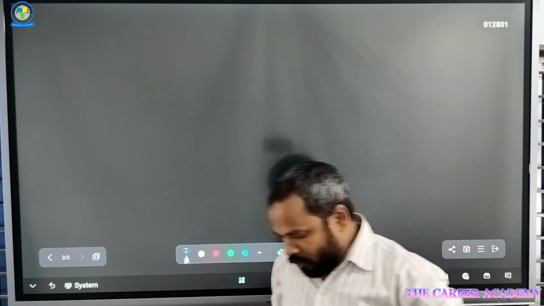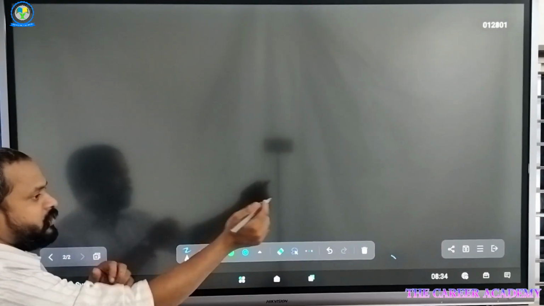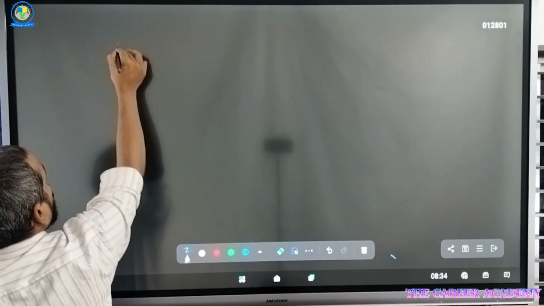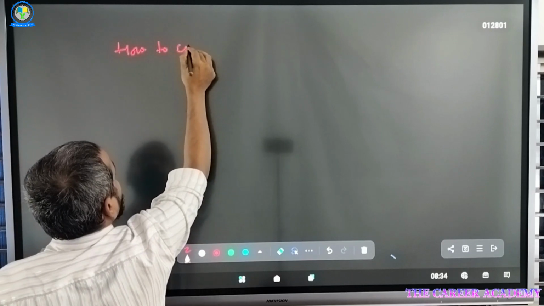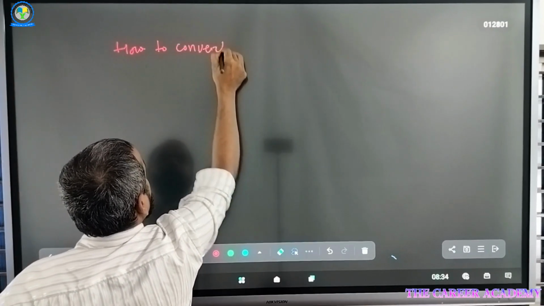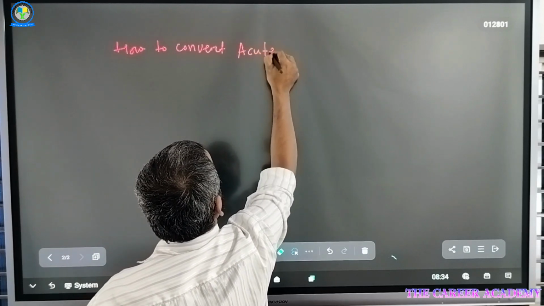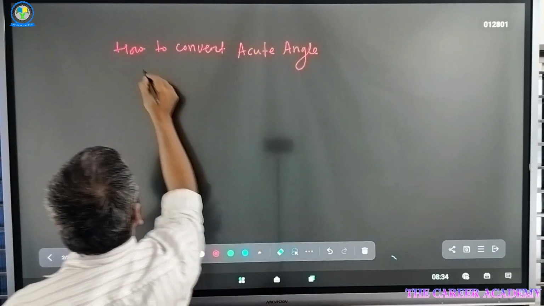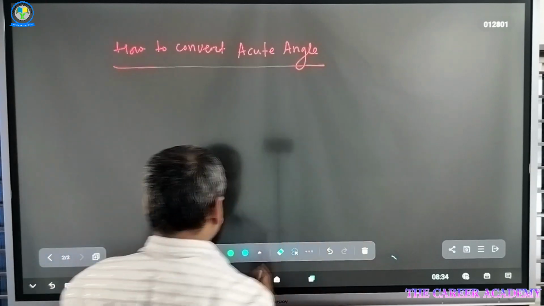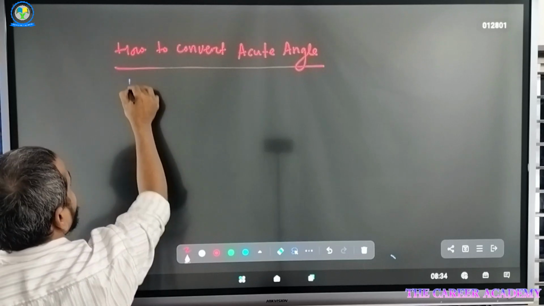Clear? Now, suppose we have a big angle. How to convert it to an acute angle? Acute angle means what, students?